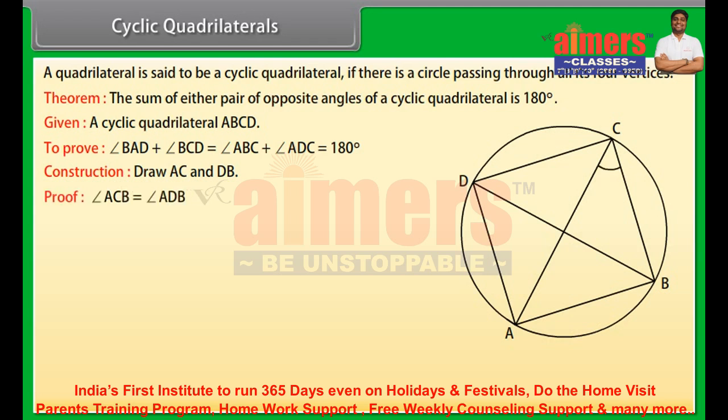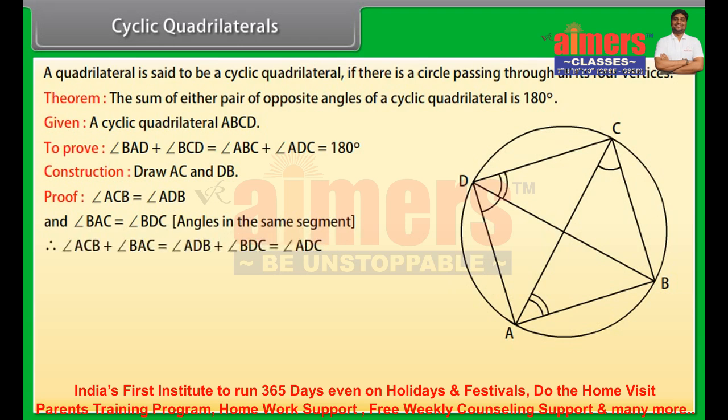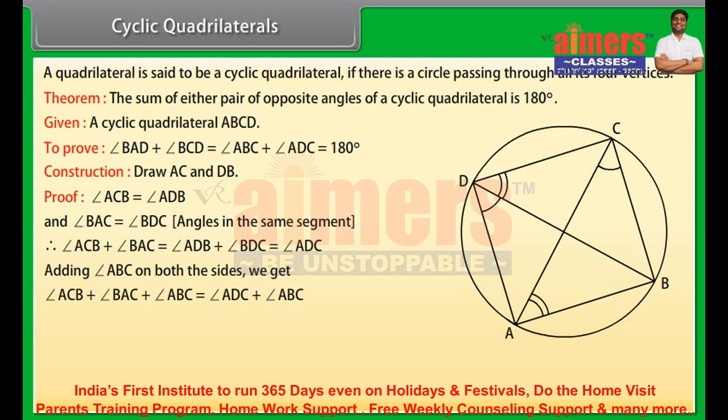Proof: Angle ACB is equal to angle ADB and angle BAC is equal to angle BDC, because these are the angles in the same segment. Therefore, angle ACB plus angle BAC is equal to angle ADB plus angle BDC, which equals angle ADC. Adding angle ABC on both sides, we get angle ACB plus angle BAC plus angle ABC, which is equal to angle ADC plus angle ABC.